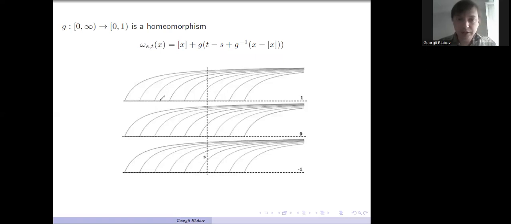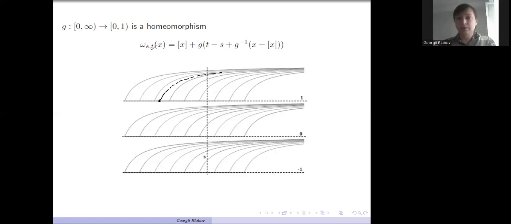Points that correspond to integer values of x are fresh points, and at each such point we define a trajectory using the homeomorphism G, and we shift it by the time t minus s.